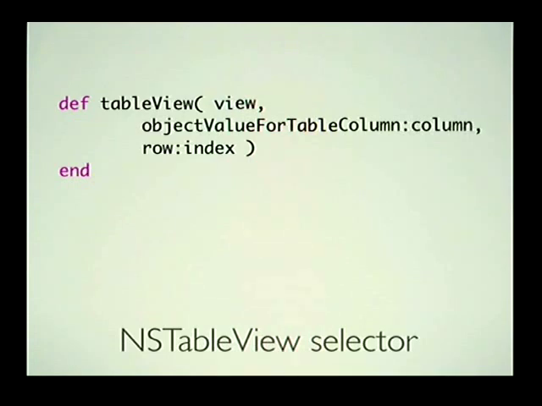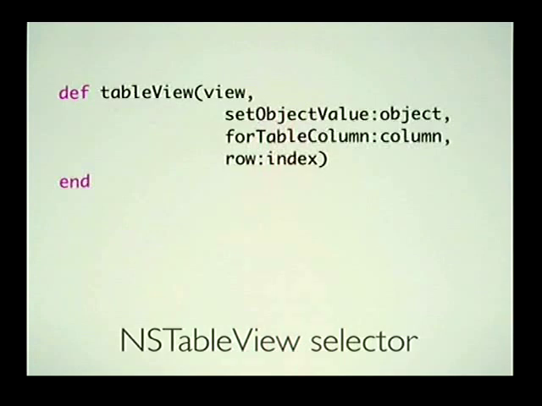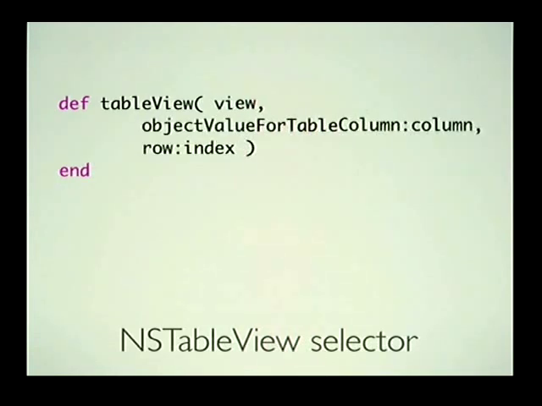Here you can see we have objectValueForTableColumn. And then the second method, which is also table view, is setObjectValue. So the method signature is different because of the selectors. What's important to know when you write Ruby is that you will need to pass these attributes. They're actually required. And you can just pass them like that, and I'll show you an example, or you can just pass it as a hash.